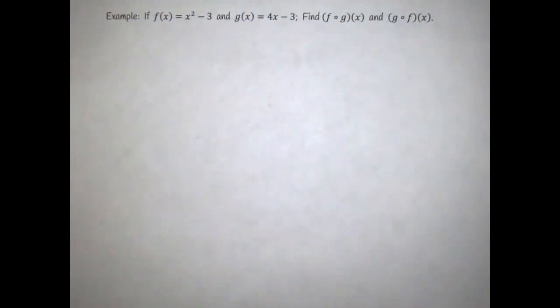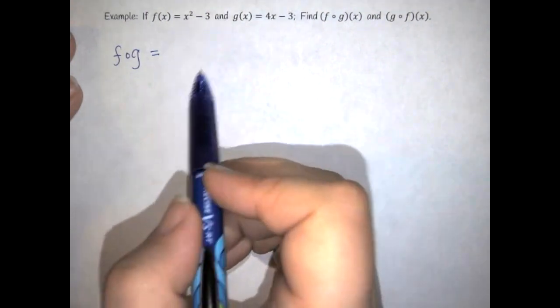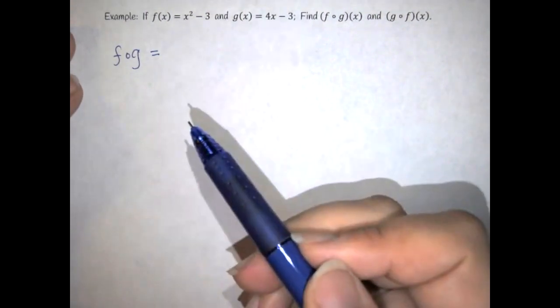All right, let's look at this one. So here for this one, I want you to go both forwards and backwards. So I want you to find f of g, and then I want you to find g of f. So f of g. So we have x squared minus 3 and 4x minus 3.